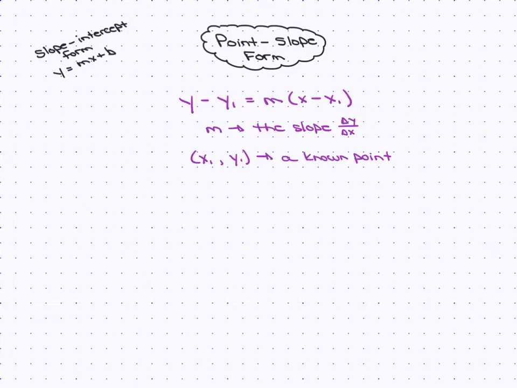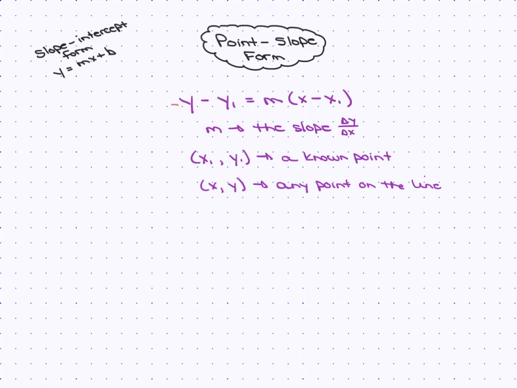And then finally, the x and y without a subscript, this is just representing any point, sort of the generalized abstract point. And you'll keep these as variables, just like they were x and y in your slope-intercept form. So this represents any point that's on the line. All right, so point-slope form, you have the slope and a known point from that.